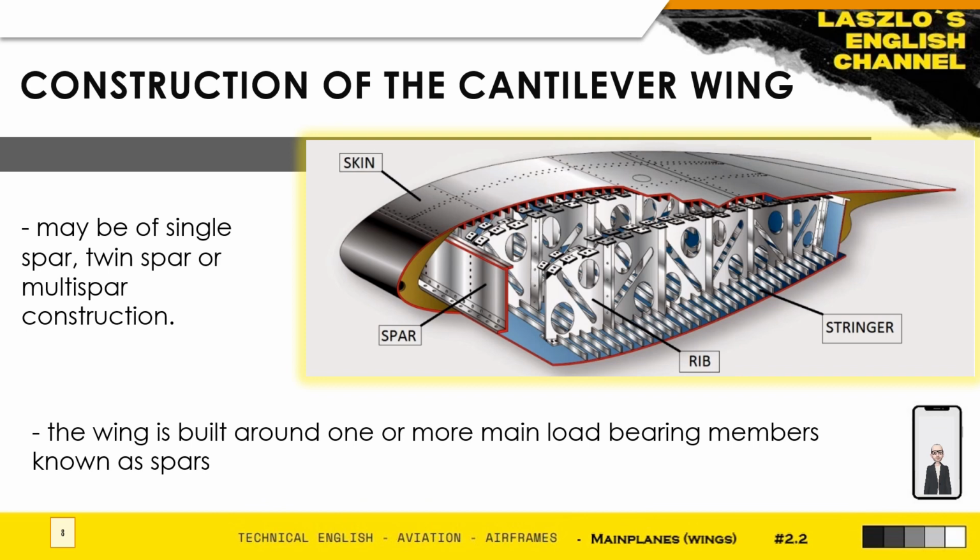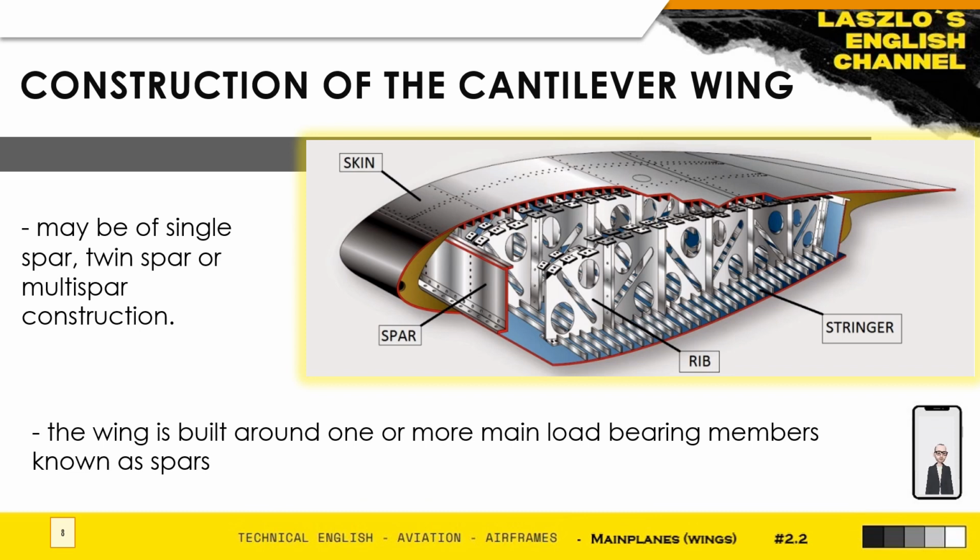Okay, the major structural components of the cantilever wing are generally manufactured from aluminium alloys with composite materials such as glass reinforced plastic, carbon reinforced plastic and honeycomb structures being used for fairings, control surfaces and flaps, etc.